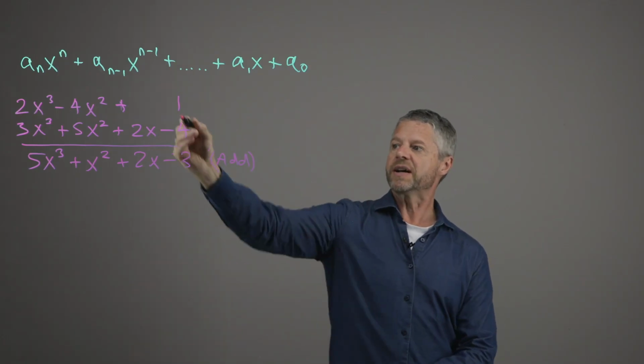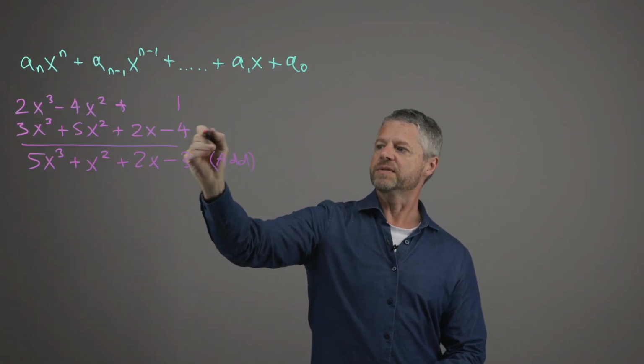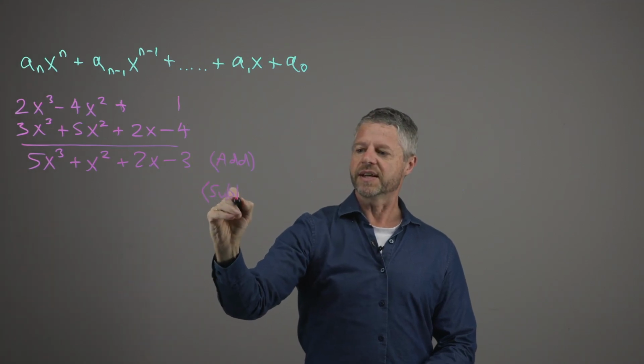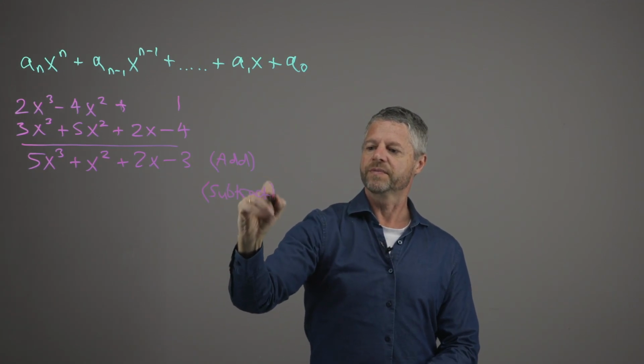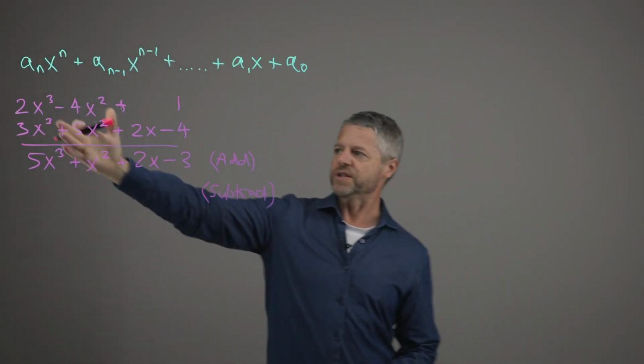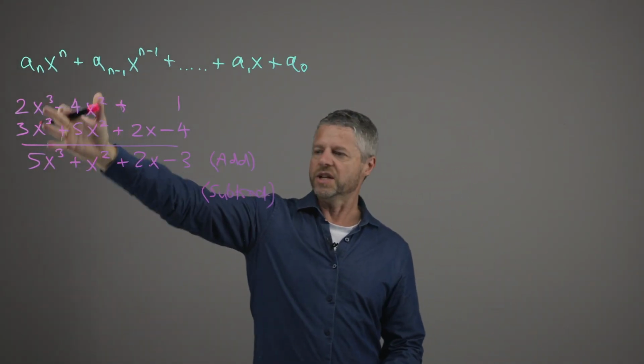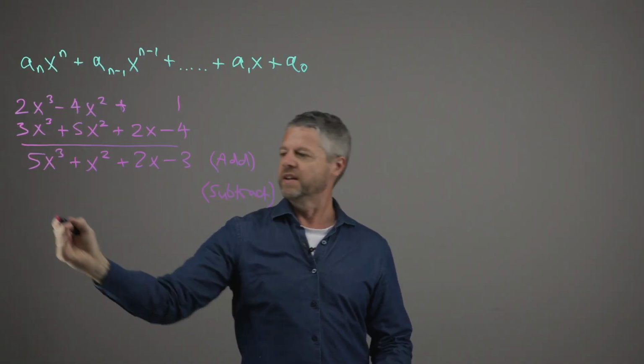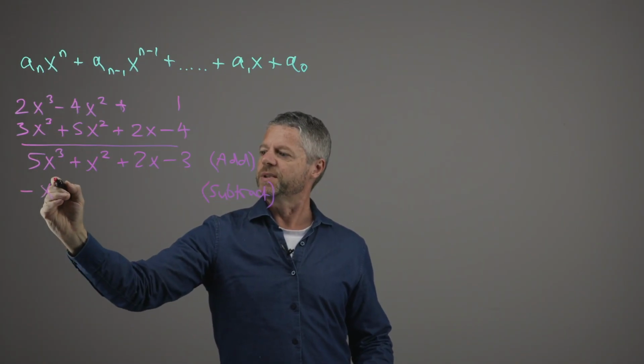We could also think about subtracting this second polynomial from the first one. So let's see what they look like if I subtract them. Same kind of idea. I'm just looking at terms in the columns. Now I've got 2 minus 3, so I'll have minus x cubed.